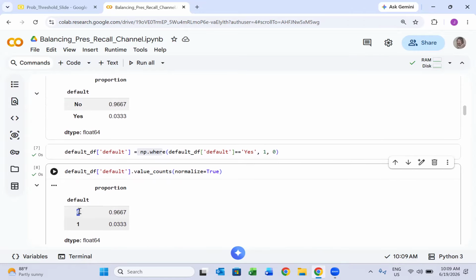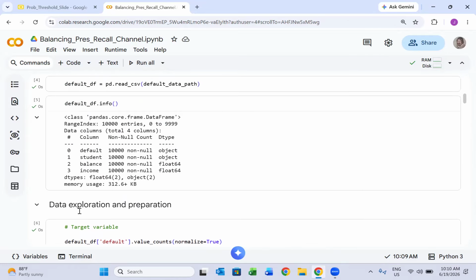Another transformation I want to do is for this column, which is a feature, right? Student is one of the features. That column has object data type. That means it's categorical. And remember, in machine learning, when you have categorical features, you must transform them into numeric. And you can do that transformation using one-hot encoding or dummy coding.